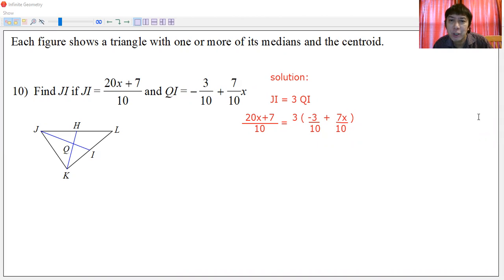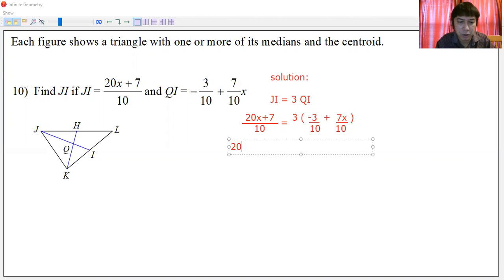Now, the first thing you should do when doing this is get rid of the denominator. Since the denominator consists of just 10, multiply both sides by 10. So we shall begin there. Let me retype it once more.